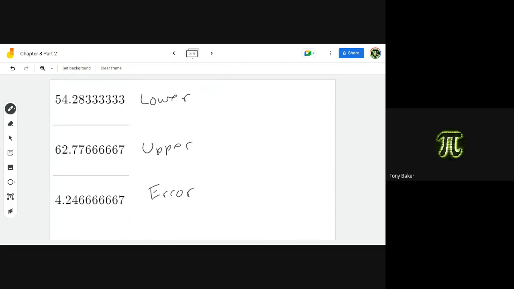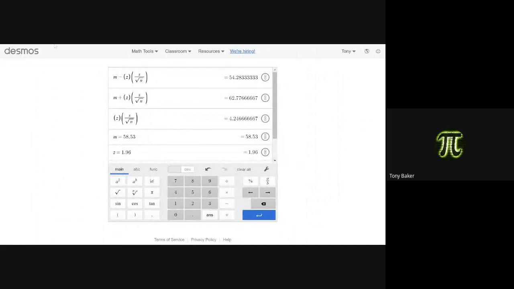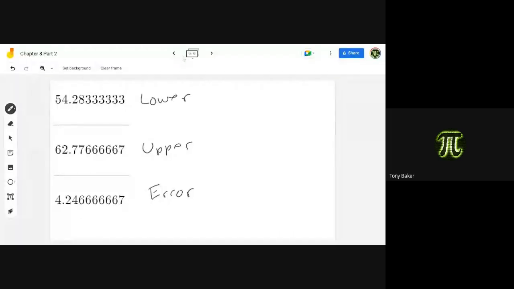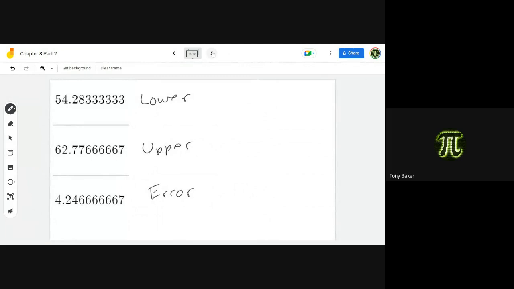Remember, you're basically doing your mean minus the z-score times the standard deviation divided by the square root of n. So I'm 95% confident that the mean age of millionaires is between 54.3 and 62.8 years old.